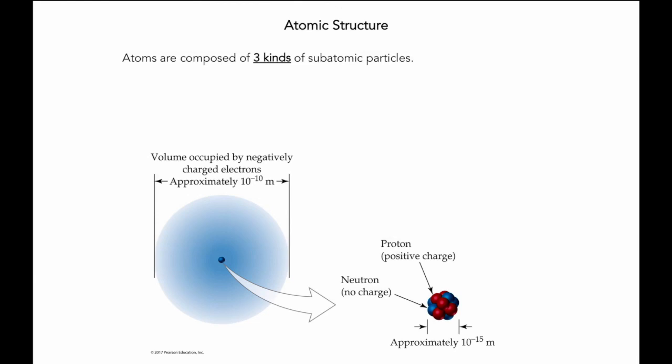Protons are positively charged. Sometimes you'll see them as a P with a superscript plus sign. Neutrons are neutral.